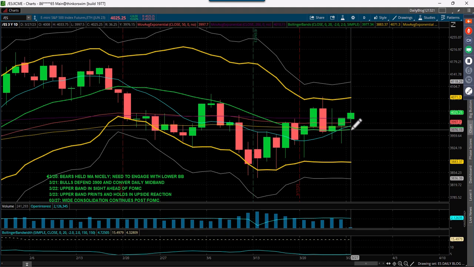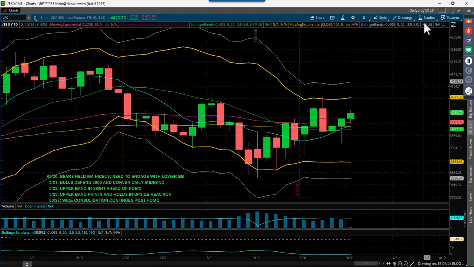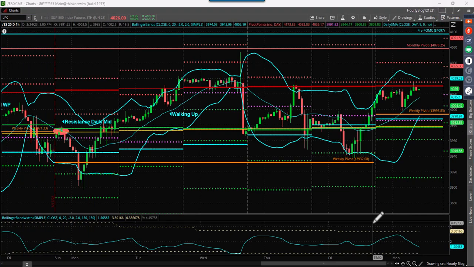You take the Fed out of the unknown column for now, put them in the known column. You have earnings coming up, that's fine. But as far as intraday price action and day-to-day price action is concerned, they are in a range that they want to fight over.